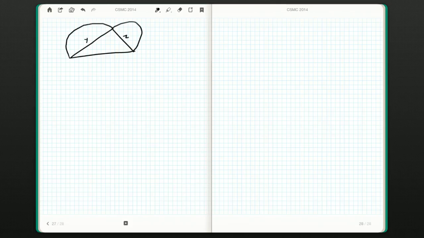Here we have Y, Z. Y, X, Z, and Y. Alright, they're not exact semicircles, but that's okay. We know that this is 288 pi, and we know this is 50 pi.